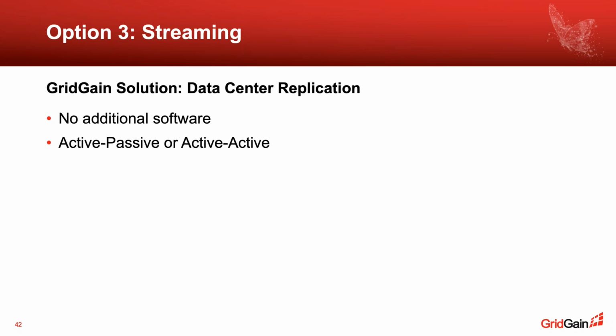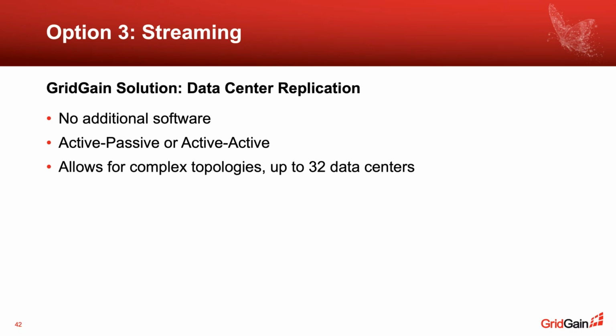Active means that your replica, your second cluster, is also receiving updates, and both of your clusters write to each other at the same time. We are not talking about this in detail today, but this is also an option and a requirement in some architectures.